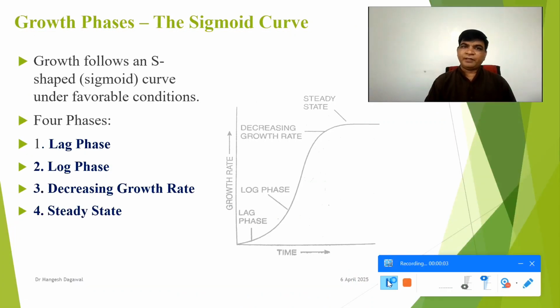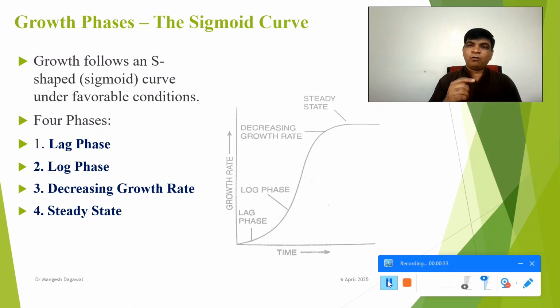The growth phases follow an S-shaped curve under favorable condition. Whenever there is a favorable condition, growth follows the S-shaped or sigmoid curve pattern.